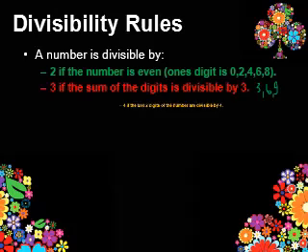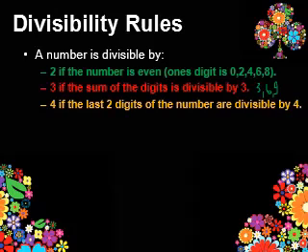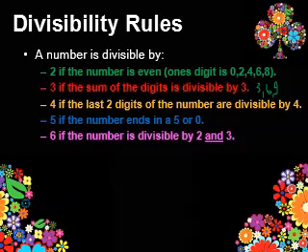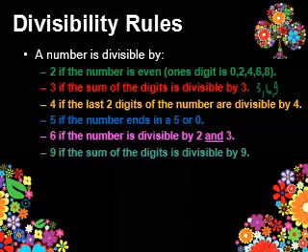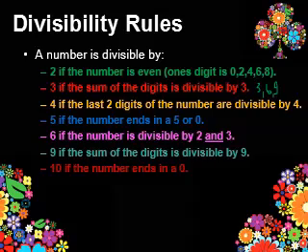A number is divisible by 4 if the last two digits, the ones and the tens together, are divisible by 4. If it's divisible by 5, then the number ends in a 5 or 0. 6, if the number is divisible by 2 and 3 at the same time. 9, if the sum of the digits is divisible by 9. And the last one, which is 10, if the number ends in a 0.